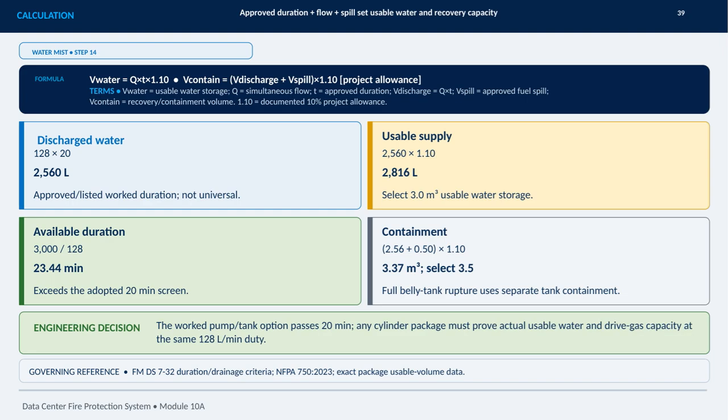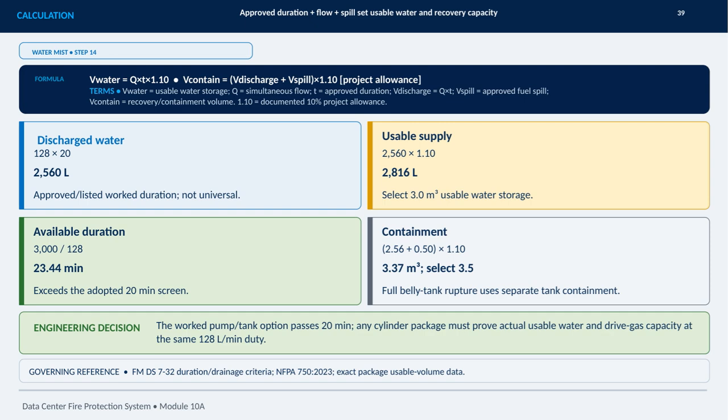At that storage volume, the available duration is about 23.44 minutes, which exceeds the adopted 20-minute screening value. Containment is calculated separately, combining the 2.56 cubic meters of discharged water with the approved 0.50 cubic meter spill, then applying the same allowance, produces 3.37 cubic meters, leading to a 3.5 cubic meter selection.